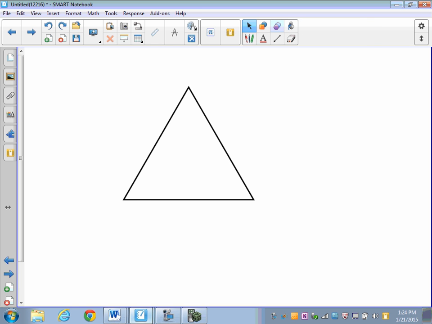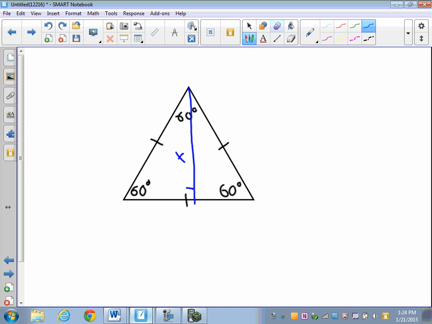Every angle is 60 degrees. So remember, all three sides are congruent. And what you're asked to solve for in this problem is the height. So a lot of people look at this and they say, well, is it a 30, 60, 90 triangle? And it is. So we have 60, 90, and this is a 30-degree angle.